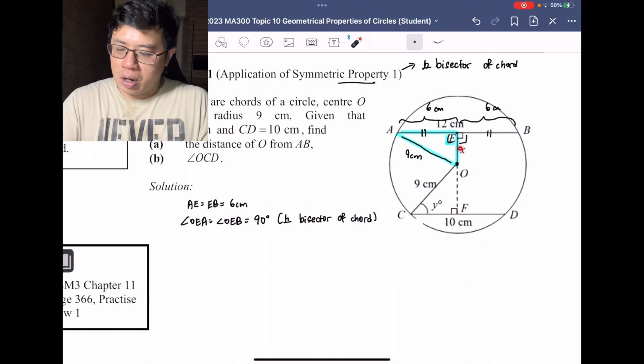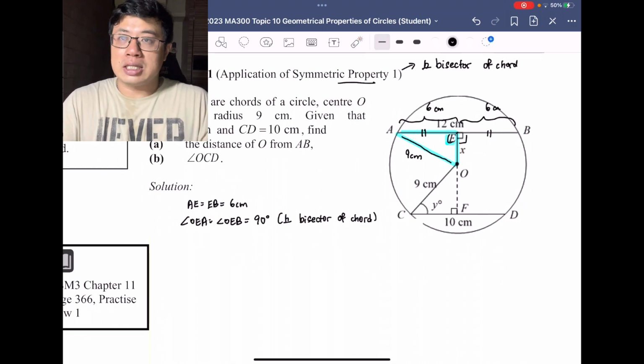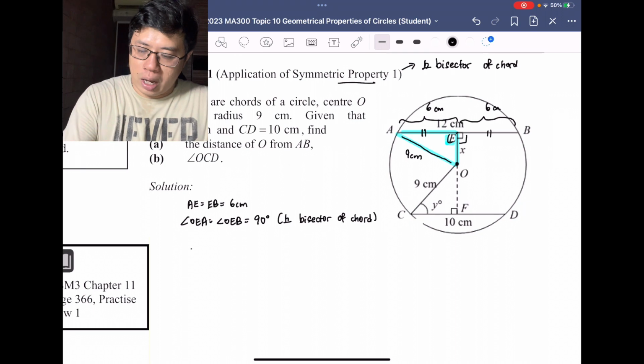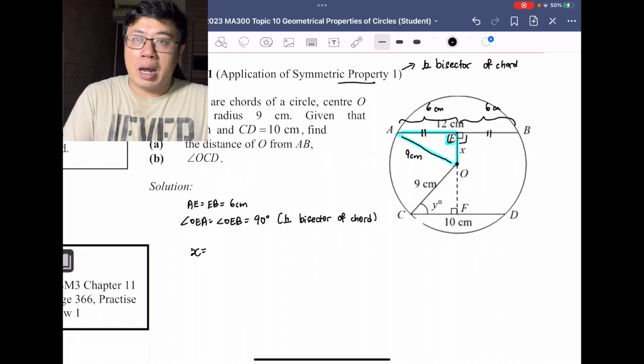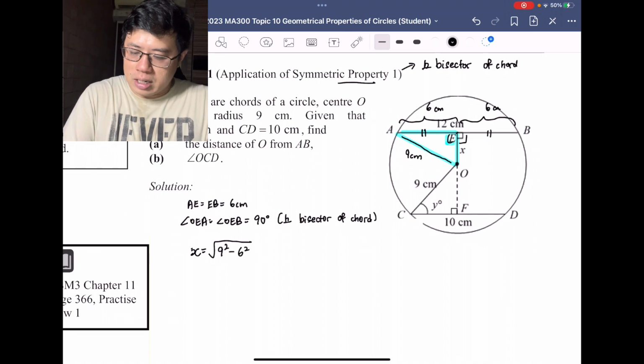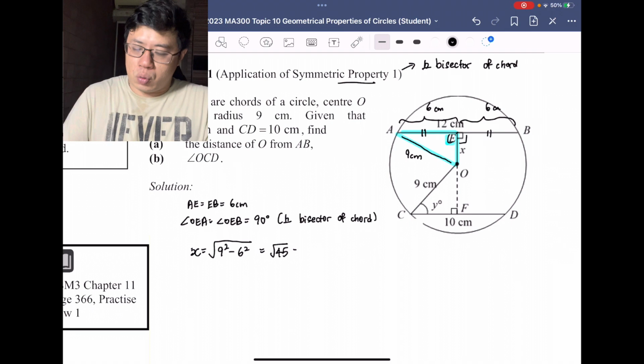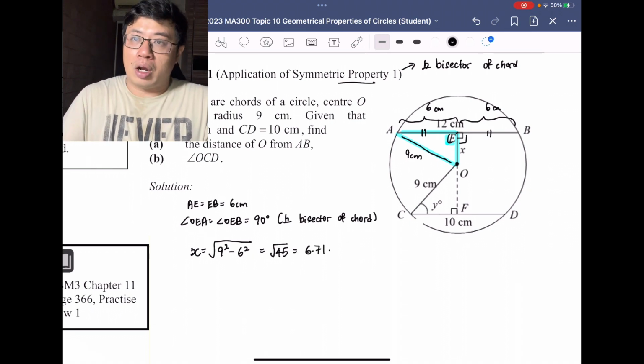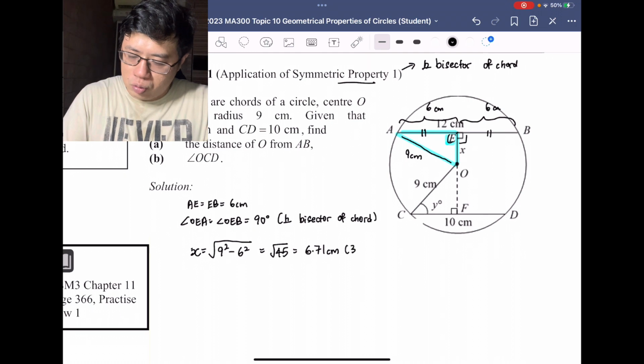In this blue triangle, this is 6, this is 9, and this is x. So x is the square root of 9 squared minus 6 squared, which is equal to the square root of 45. Using your calculator, this would be 6.71 cm, to 3 significant figures.